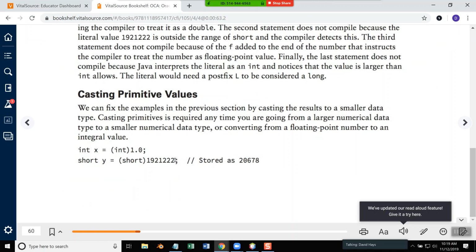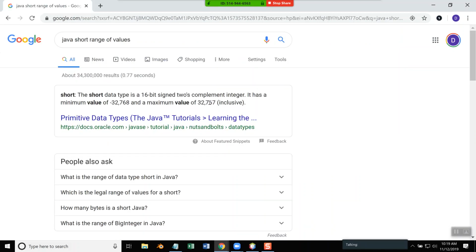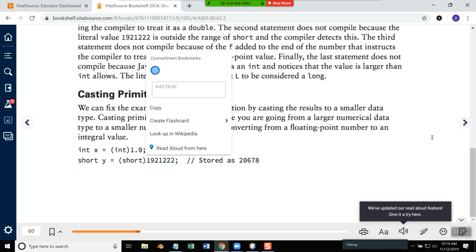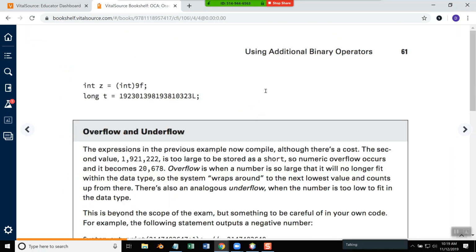I understand this is an integer, assuming that's not too big for an integer. Should be fine. Then a short converts it to a different data type. Strange. Maybe we'll talk about it.